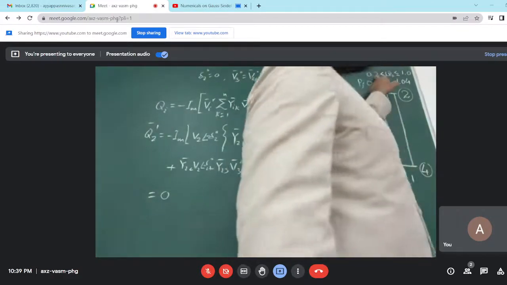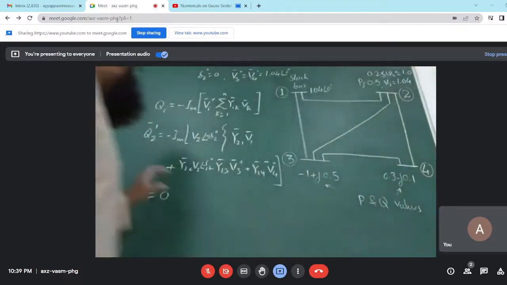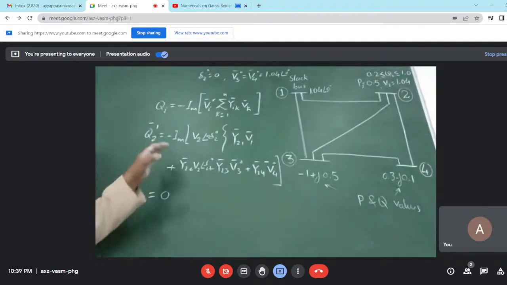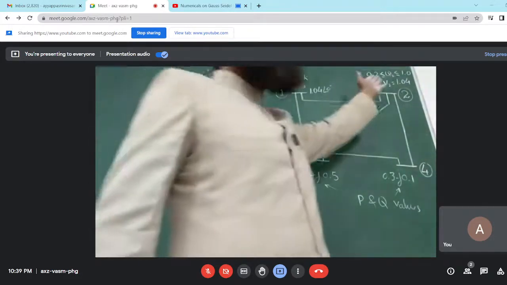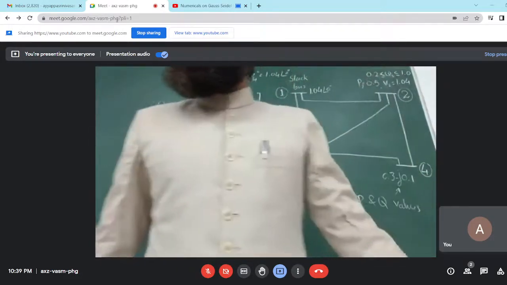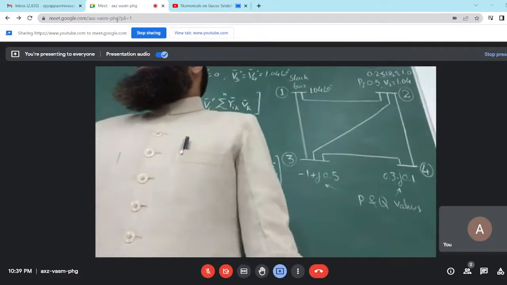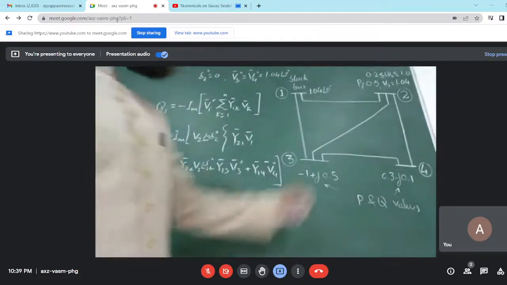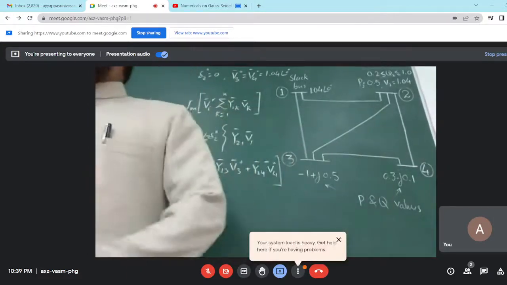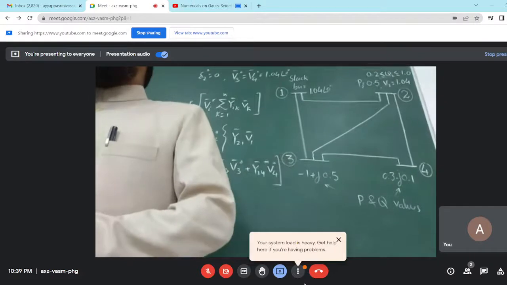Q limits: the minimum is 0.2 per unit. So the Q2 evaluated is not coming under this limit. The limit is violated. That is a big problem, because the PV bus will lose its identity.